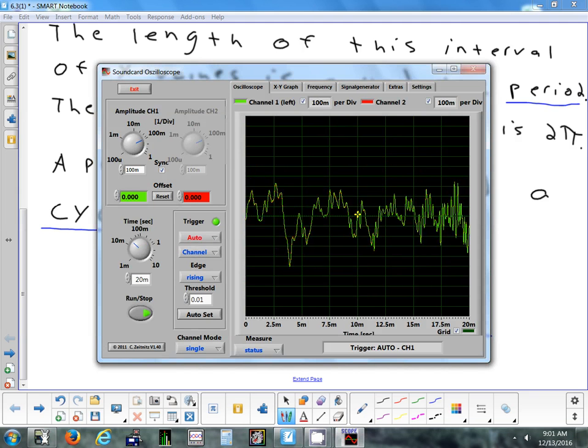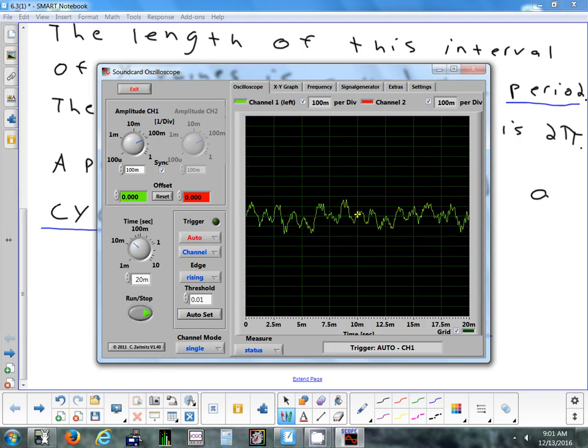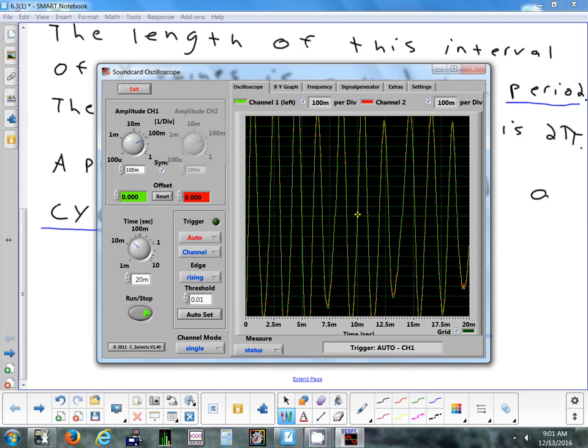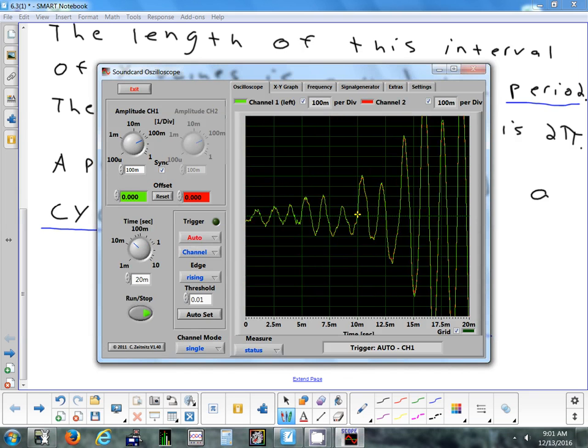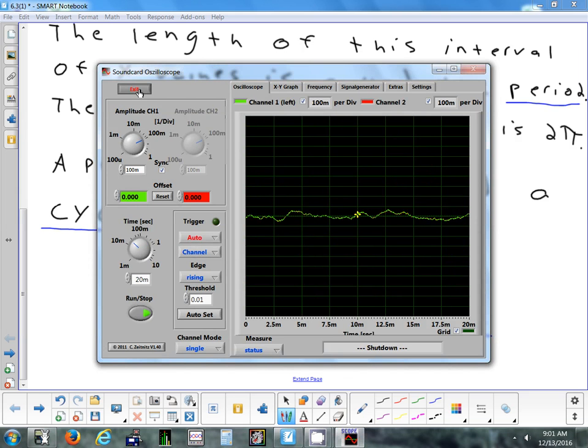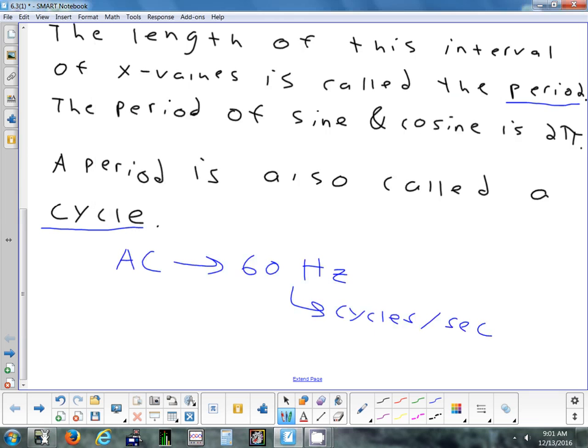So you can see as I tried to go higher pitch, it started to compress a little bit. If you go lower pitch, it'll start to stretch out. But you can use the same kind of device to measure electricity and check things with it. Any questions on that? So that was a picture of the sound, and that device can measure the frequency.